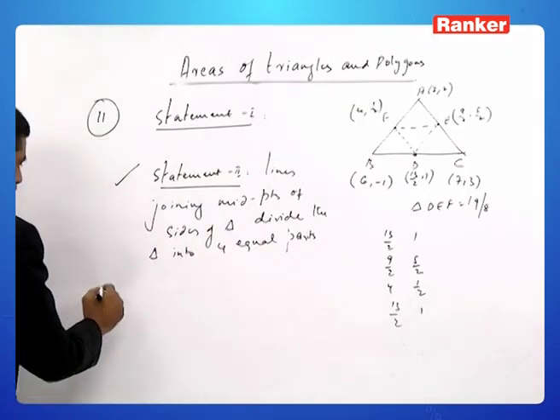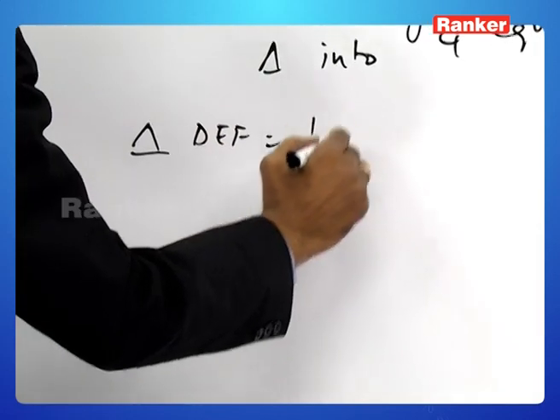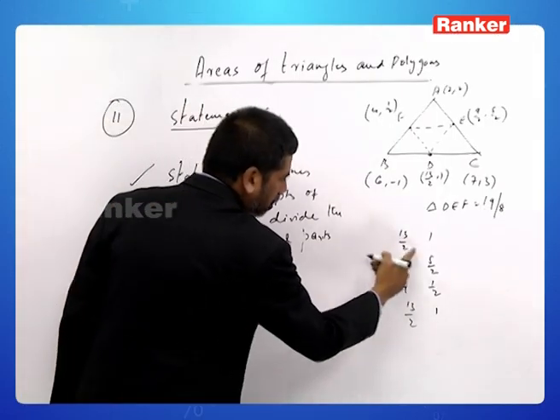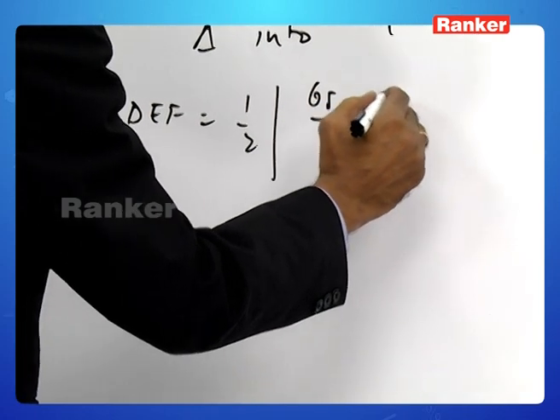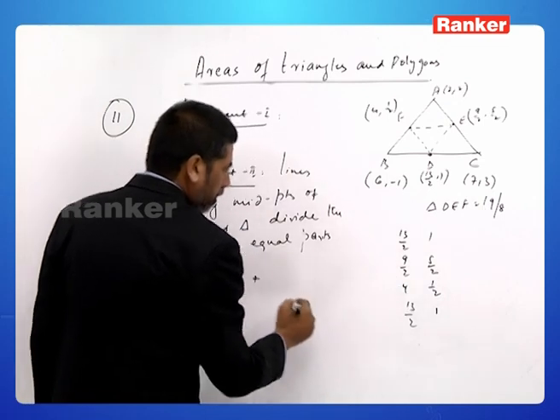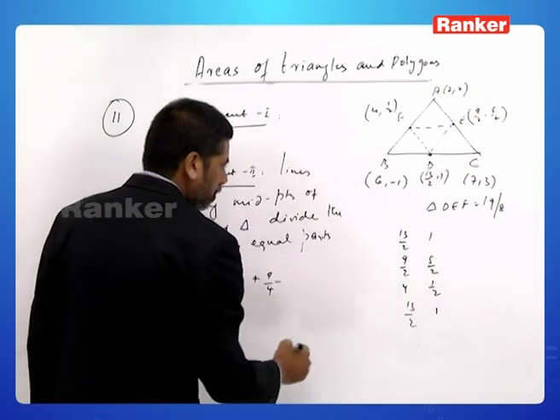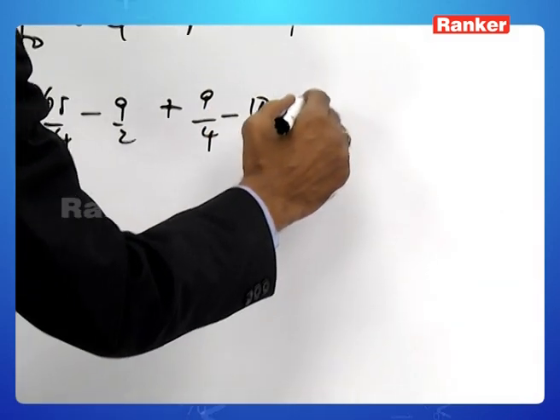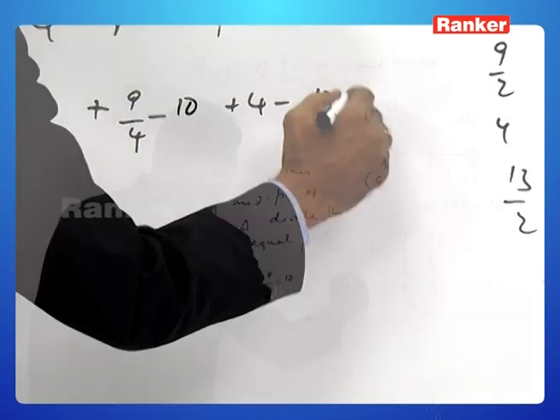So let's calculate area of triangle DEF. Half mod. This is 65 by 4 minus 9 by 2 plus 9 by 4 minus 20 by 2 is 10 plus 4 minus 13 by 4.